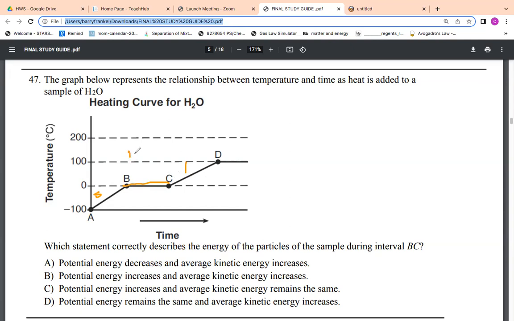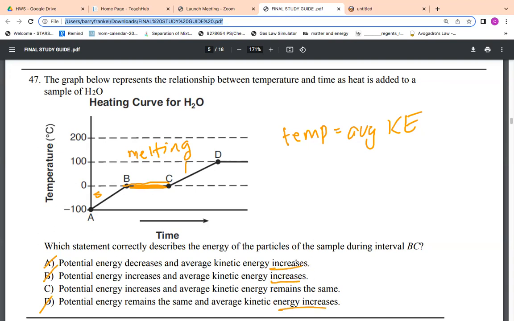This is melting, okay? And also during a phase change, you can see here, it's literally a flat line. Temperature is not doing anything. Temperature is also the average kinetic energy. So average kinetic energy does not change during a phase change. So we can eliminate A and B and also D, because they're saying average kinetic energy increases.